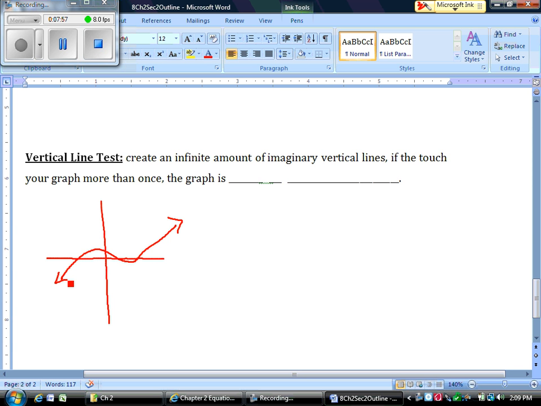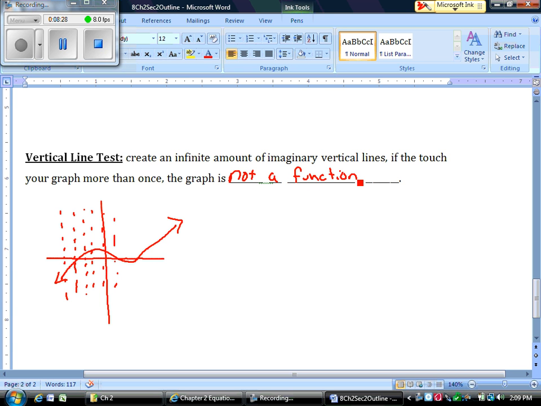We're just given this graph, and we need to know if this is a function or if it's not a function. Okay? So what you're going to do is you're going to create an infinite amount of imaginary vertical lines. We're just going to picture all these vertical lines running down through the graph. Okay? At every single place. If any of those touch the graph more than once, it is not a function.